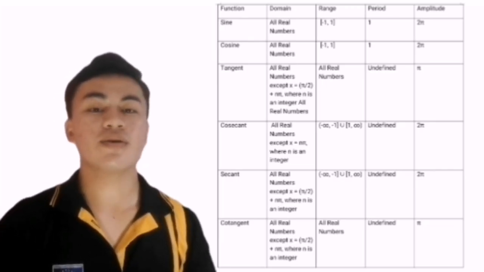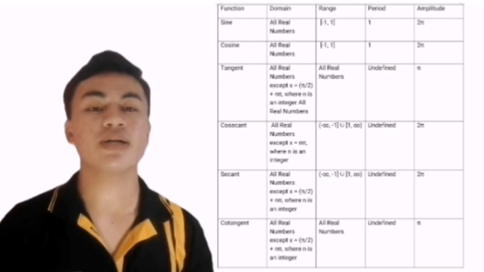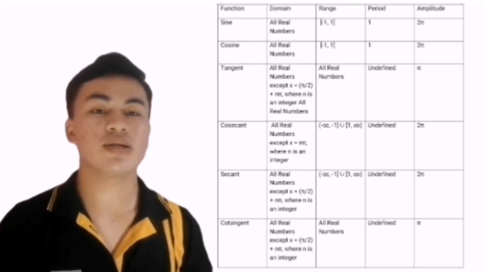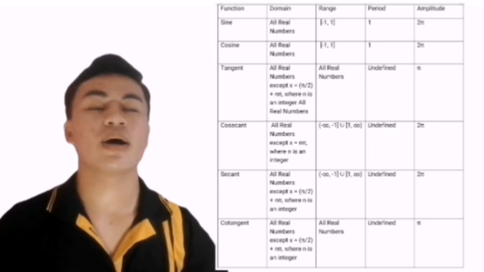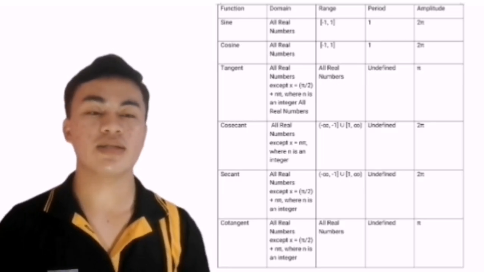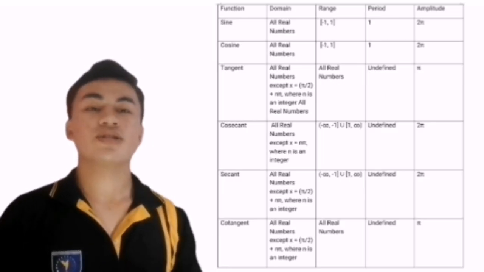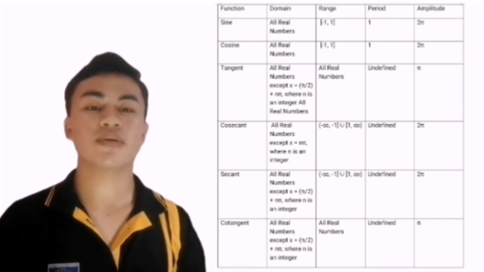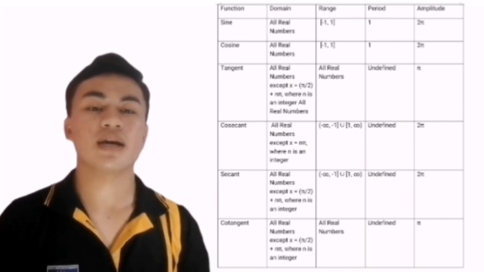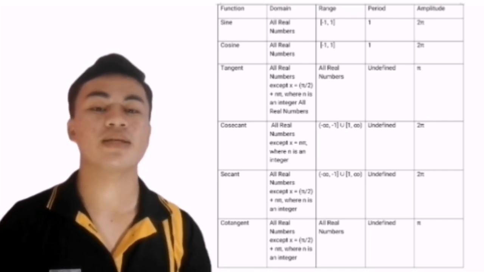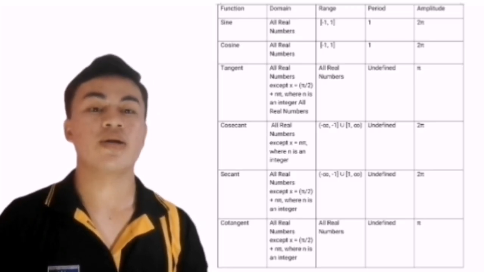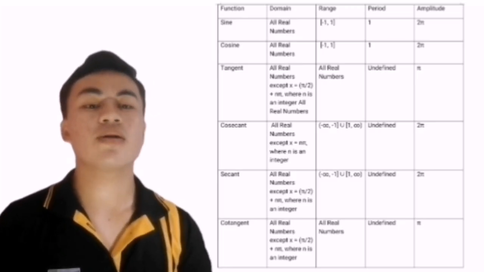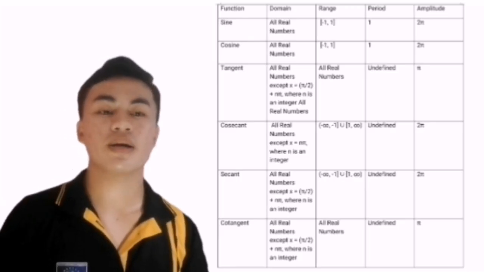Cosine, its domain is all real numbers and its range is -1 to +1, while its period is 2 pi and its amplitude is 1. Tangent, its domain is all real numbers except x equals 1/2 pi plus n pi, where n is an integer. Its range is all real numbers, while its period is pi.